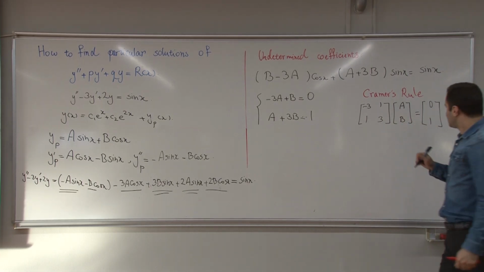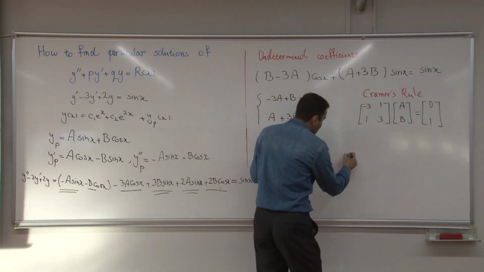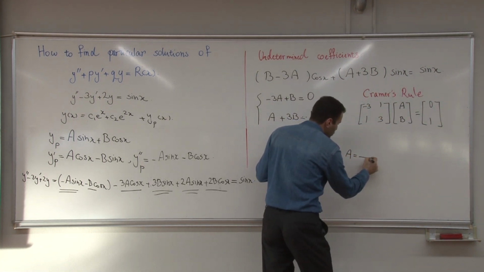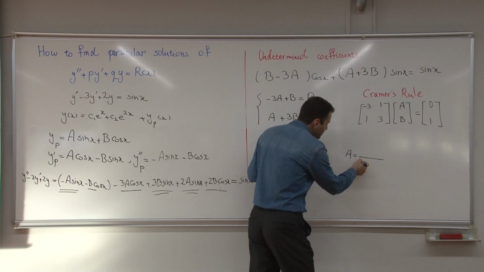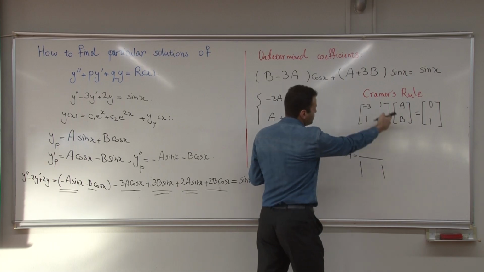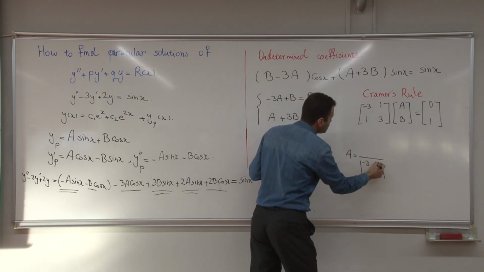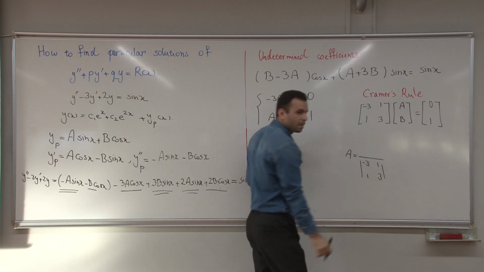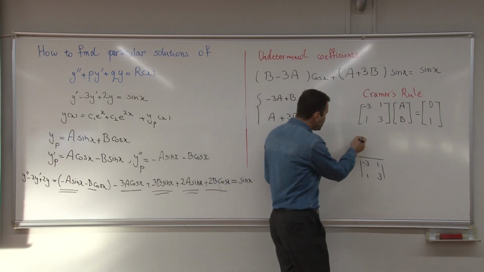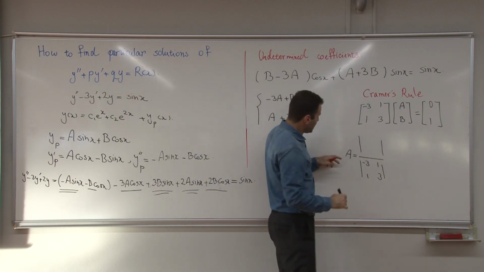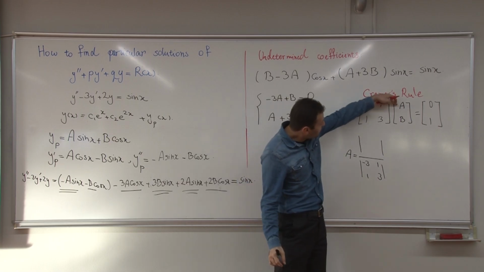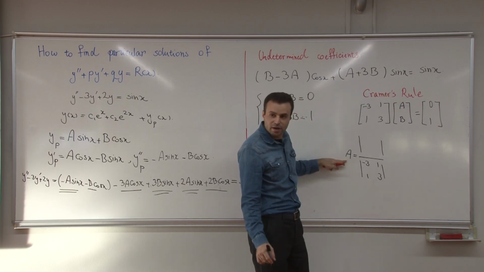Cramer's rule states that A is equal to the determinant of the matrix itself, which means the determinant of minus 3, 1, 1, 3, and the determinant of the matrix such that, this is the first variable, right?